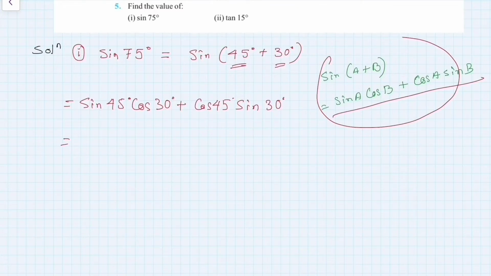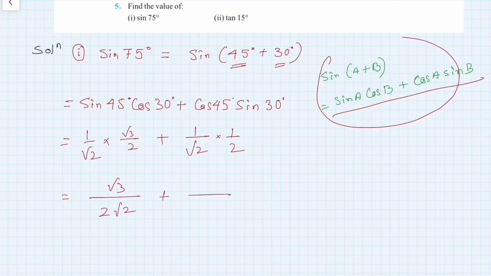Sin 45 is 1 by root 2, cos 30 is root 3 by 2, plus cos 45 is 1 by root 2, and sin 30 is half. Now let me simplify this: root 3 by 2 root 2, and here also 1 by 2 root 2, so that is equal to (root 3 + 1) by 2 root 2. So this is the answer.